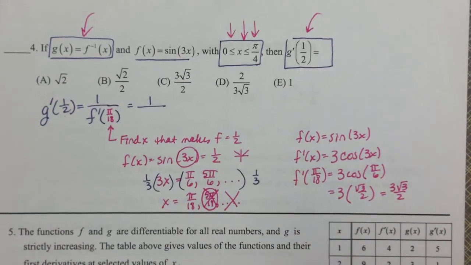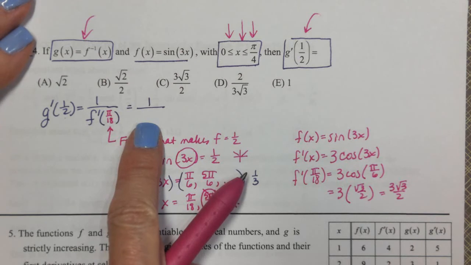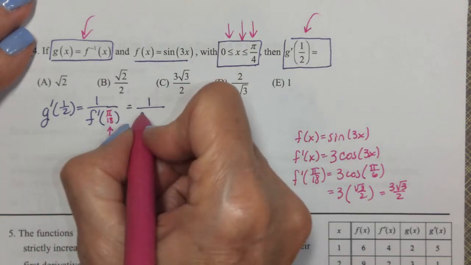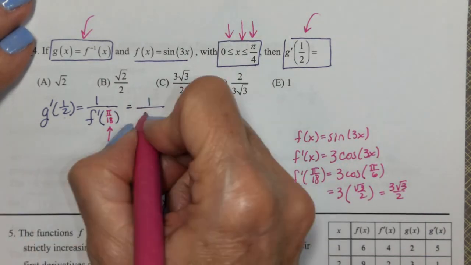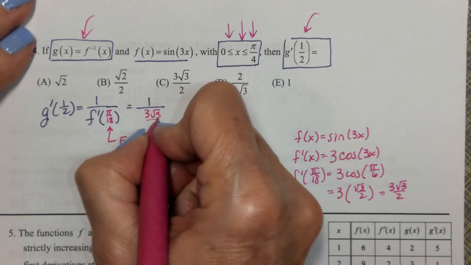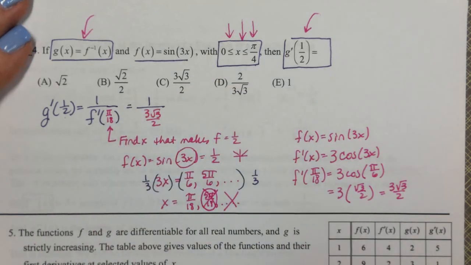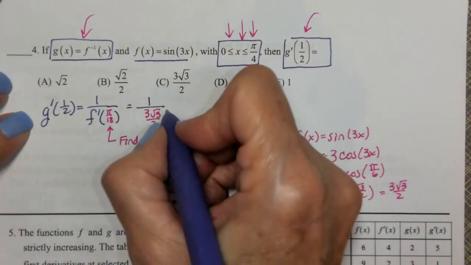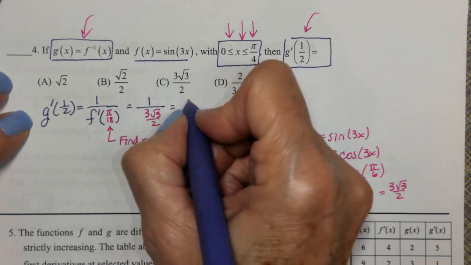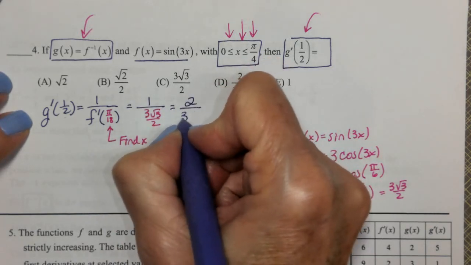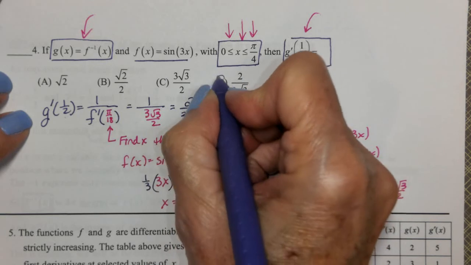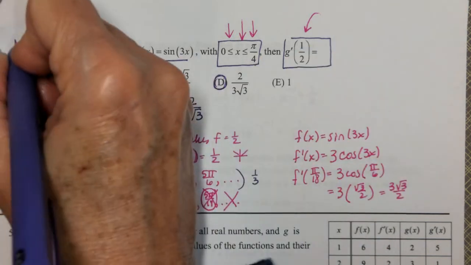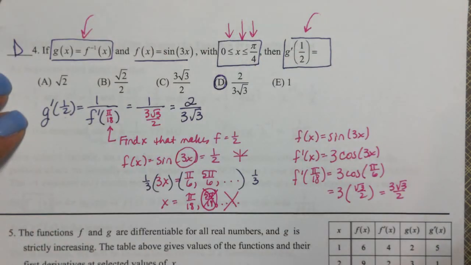So back up to my little equation here. F prime at pi over 18 is 3 square root of 3 over 2. So g prime at 1/2 is the reciprocal of that, so 2 over 3 square root of 3. D.